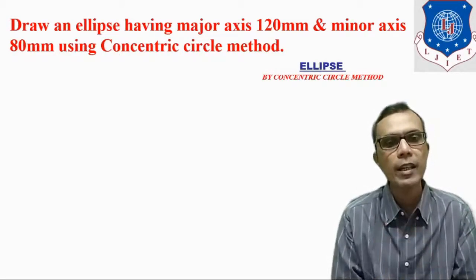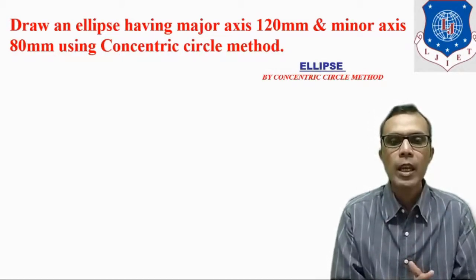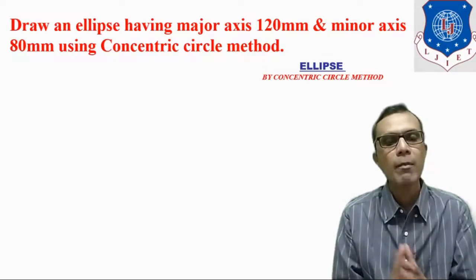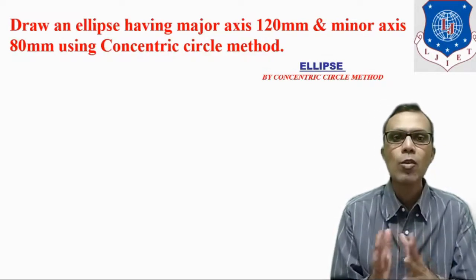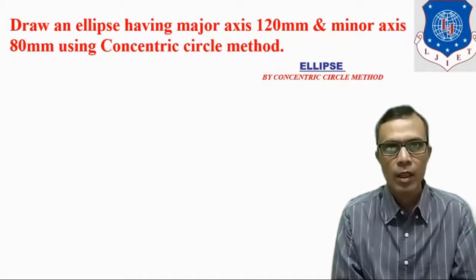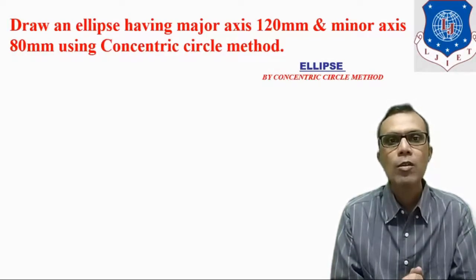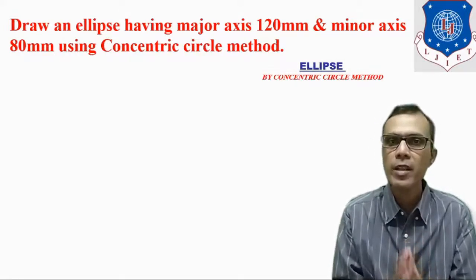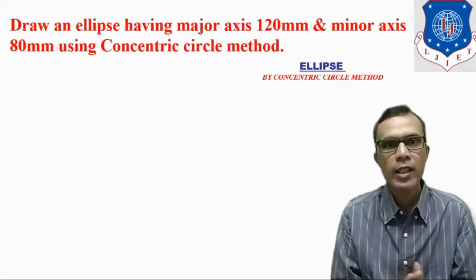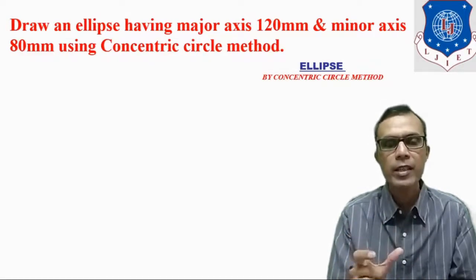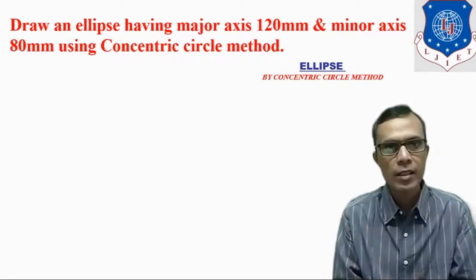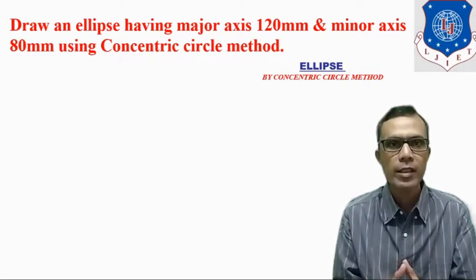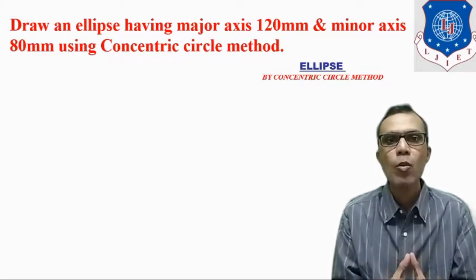See the given data. Draw an ellipse having major axis 120 mm and minor axis 80 mm using the concentric circle method. We know that concentric circles means more than one circle having a common center point. Here, the dimension of the major axis is the diameter of the larger circle, and the dimension of the minor axis is the diameter of the smaller circle.